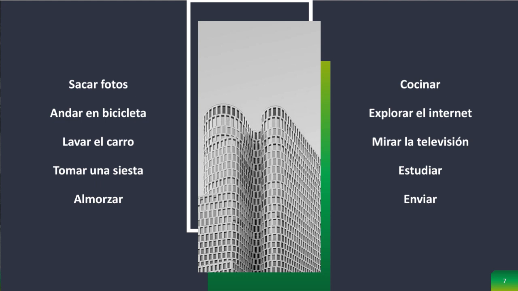We have sacar fotos, so to take photos. Maybe you like to take photos on your phone. Andar en bicicleta, to ride a bike. Lavar el carro, to wash the car. Tomar una siesta, to take a nap.